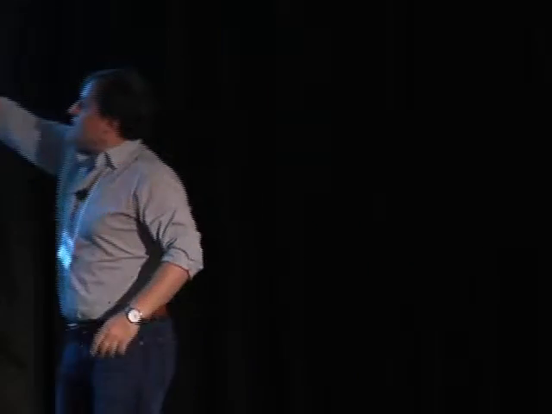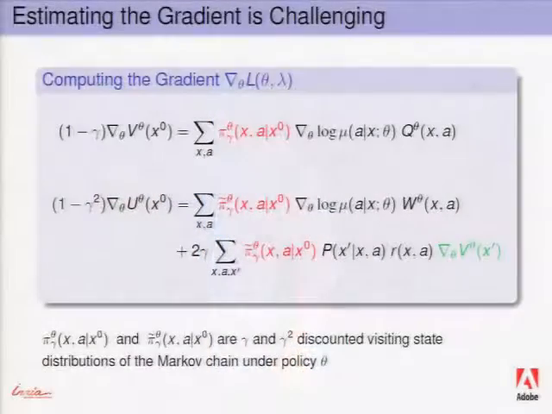Unfortunately, right now, because of two reasons, we cannot do that. One, we have these two different sampling distributions, pi and pi tilde. And second, in order to estimate the gradient of a square value function, we need to estimate the gradient of the value function at every state.